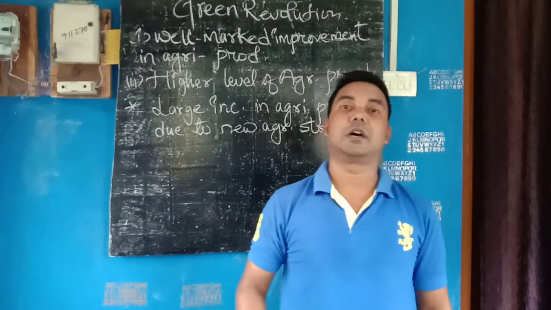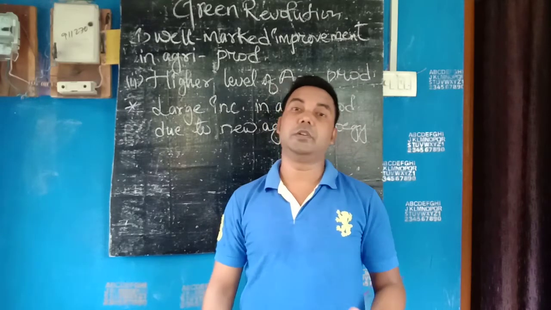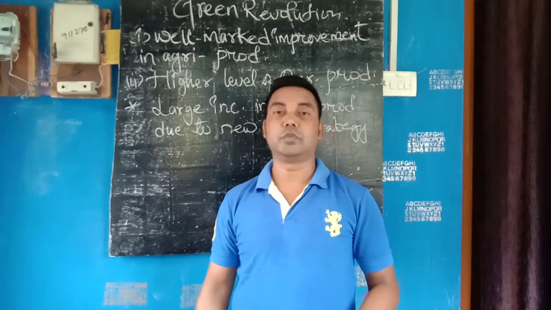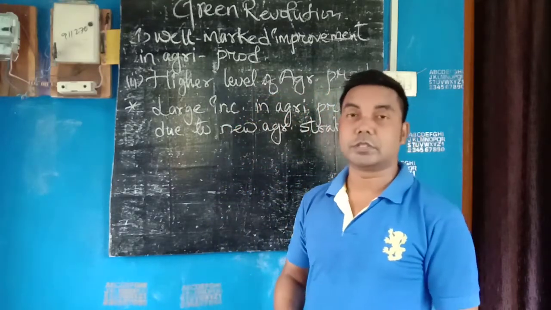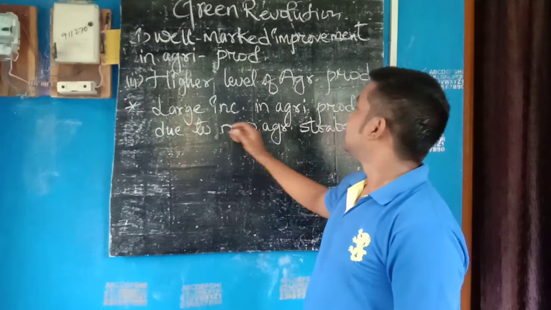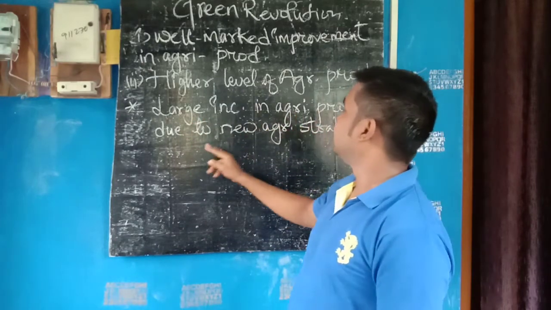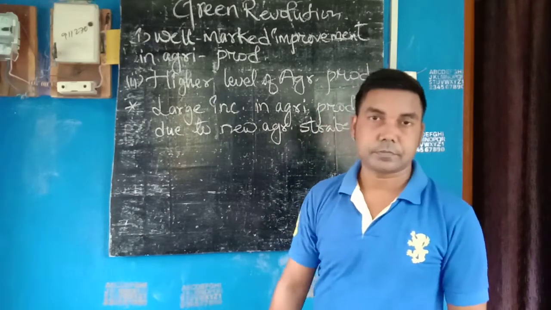The farmers are getting modernized day by day. They are coming into the new generation through green revolution. So thus the definition which goes with green revolution is, large increase in agricultural production due to new agricultural strategy.